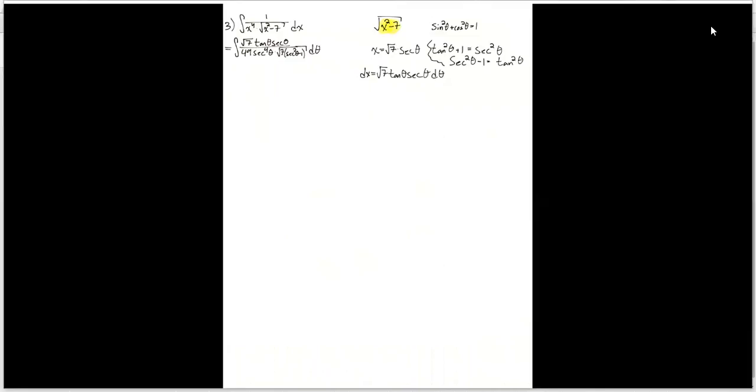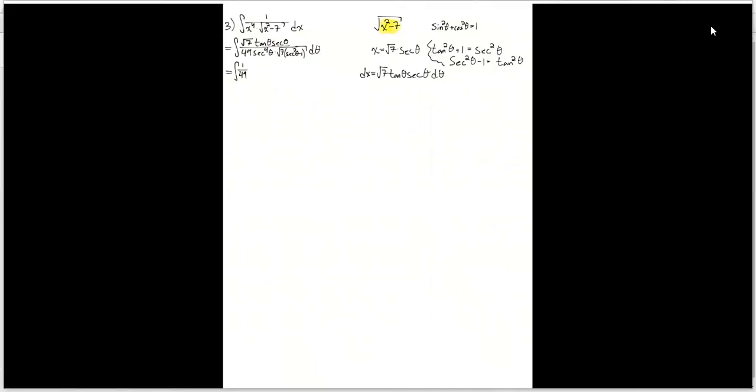Now it looks pretty messy, but don't worry. This kind of helps out. If we work around this, we'll notice there's actually 2 square root of 7s, one on the top and one on the bottom. So those are going to cancel out. So our constant is just going to be 1 over 49, right? We really don't have to worry about any of the constants here. And then we're still going to have this tangent secant on the top.